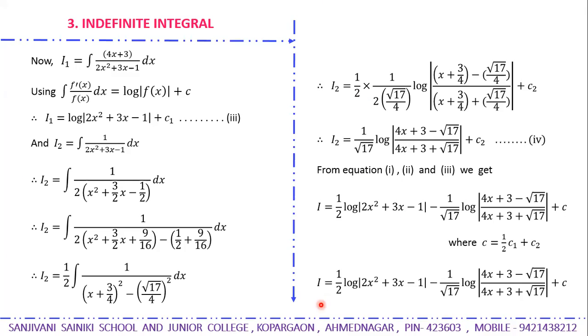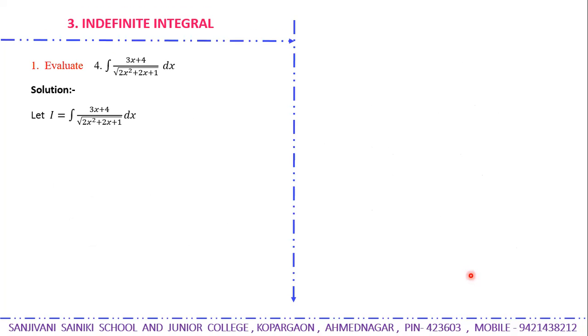So the integral of the given function is 1 upon 2 log of modulus of 2x square plus 3x minus 1, plus or minus 1 upon root 17 log of (4x plus 3 minus root 17) upon (4x plus 3 plus root 17), plus c.